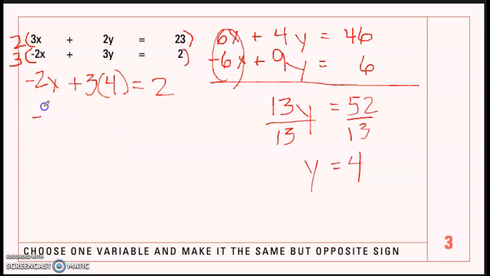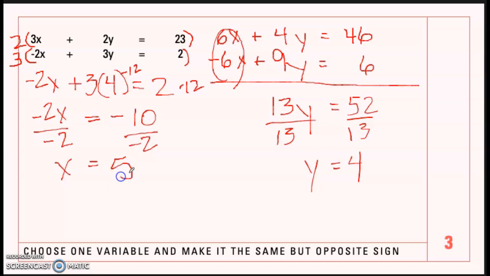Substitution. And I can solve for x. This is 12. So if I subtract 12 from both sides of my equation, then I get negative 10. Divide by negative 2 on both sides, and x equals 5.